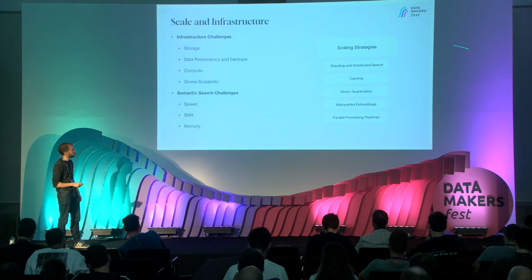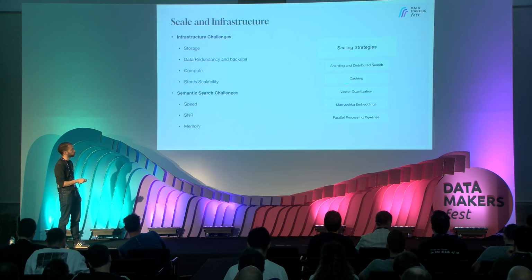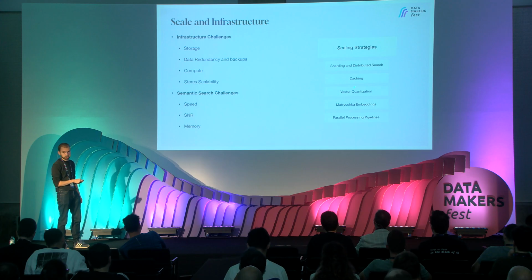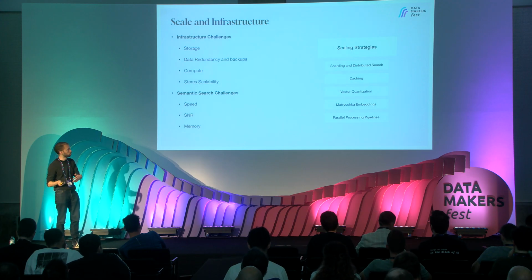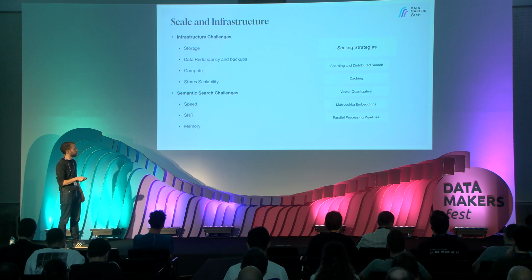But in terms of strategies, what we end up doing is basically have a vector store or search engines that can be sharded and distributed, have caching mechanisms, for example, for queries, and do vector quantization on your vector stores and on your embeddings when you're doing user embedding.